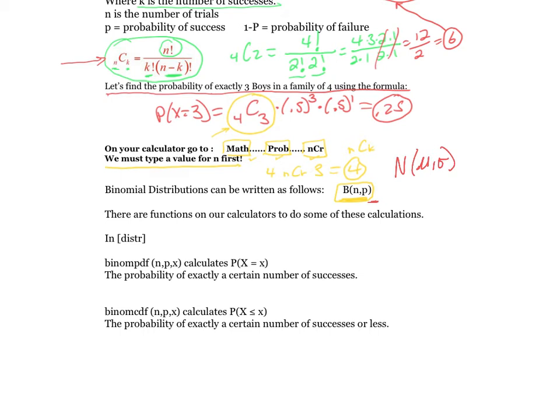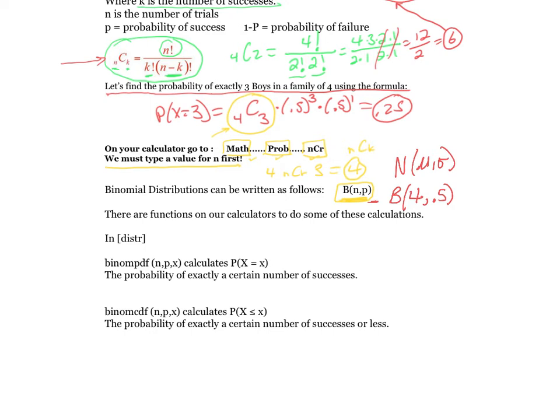So if I wanted to describe having a family of 4 and how many boys I am looking for, I would say that N is 4 for the 4 kids and the chance of having a boy was 50%. So that's all you need to know. If you see that, you know it's a binomial distribution with 4 trials and the probability of success is 0.5. They don't tell you failure because you obviously know failure, because it's 1 minus success.